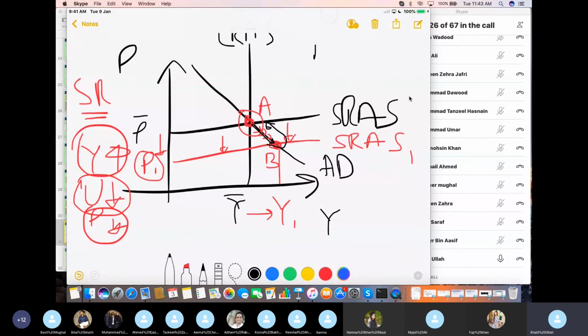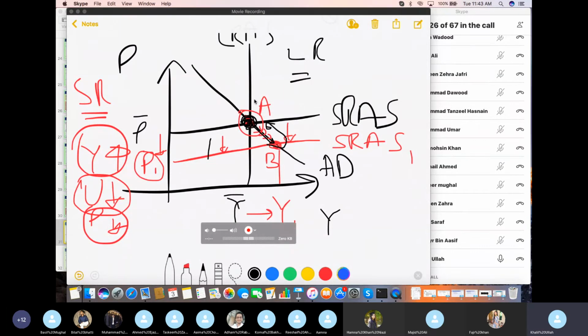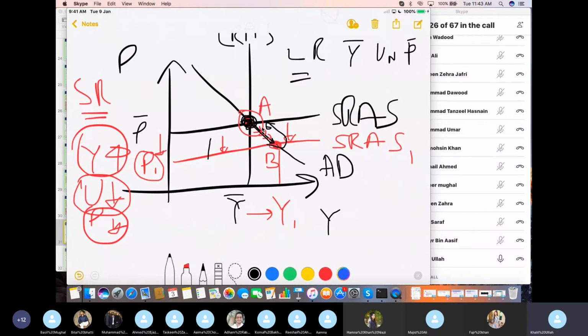In the long run, you're back at point A again. The economy that moved from A to B starts moving back to A, and at A GDP is back to Y bar, unemployment is back at the natural rate, and price levels are back at P bar. So this is the case of a positive supply shock.